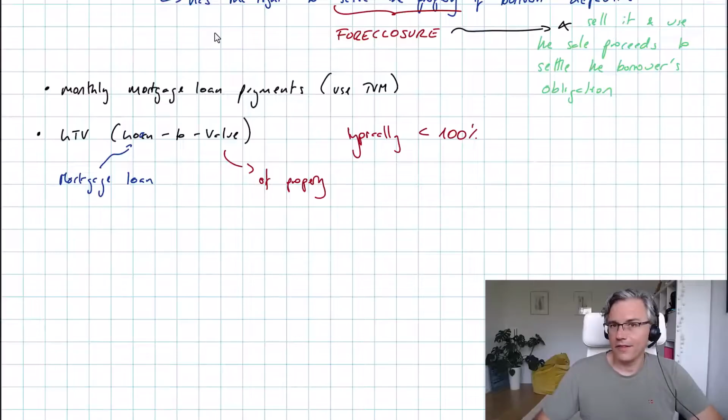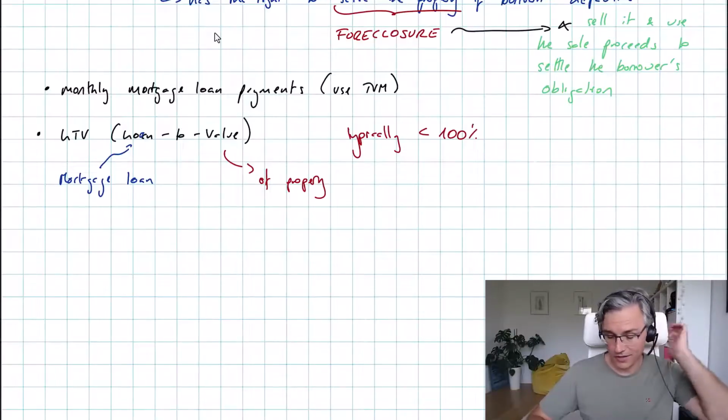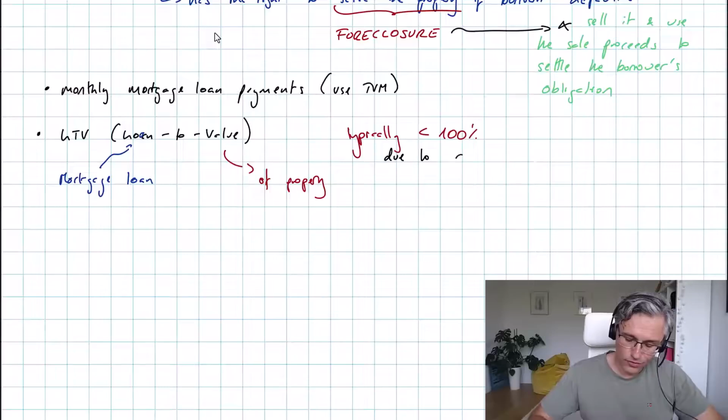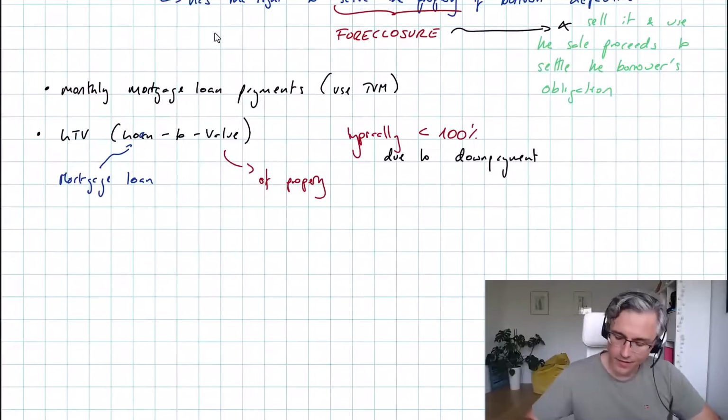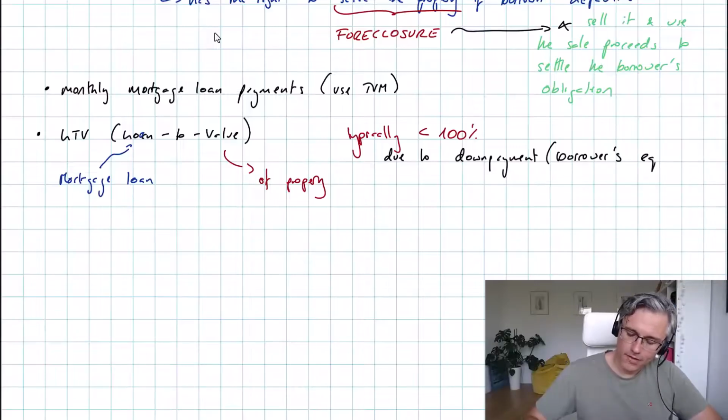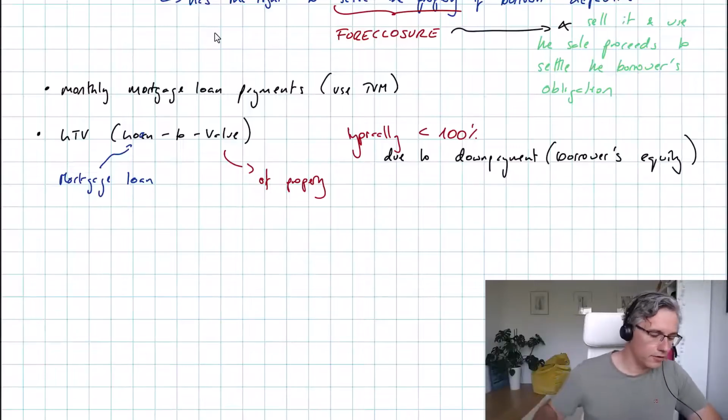This is known as the down payment. So this relationship at the beginning of a loan is due to the down payment. That's the amount of money put in by the borrower out of their own funds, and we also call this borrower's equity, so what they put into the purchase transaction.